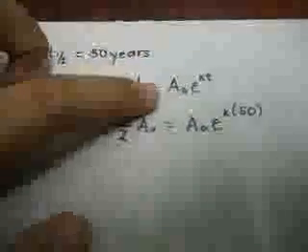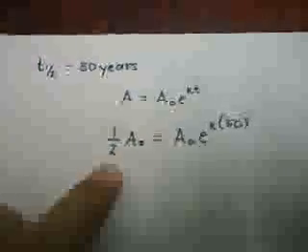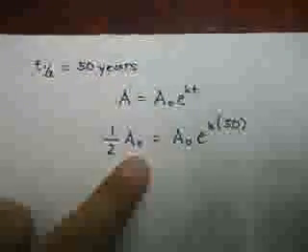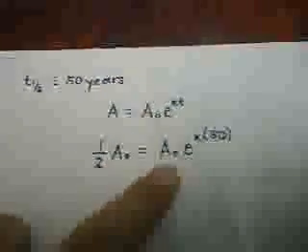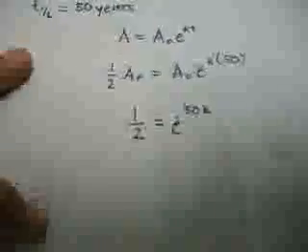So since A here is the amount remaining and A naught is the initial amount of the substance, during the half-life 1/2 of the original amount remains. So by using this equation, you can see that A naught here cancels, which gives us 1/2 equals e raised to the 50k.